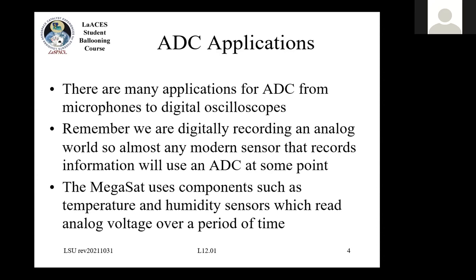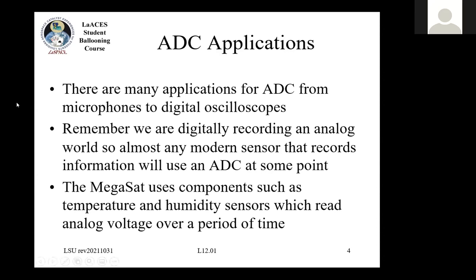So all of our sensing devices that we're recording with, we're digitally recording an analog world, right? So basically any sort of modern sensor, somewhere in its stream from input to final output, there's going to be an ADC at some point.